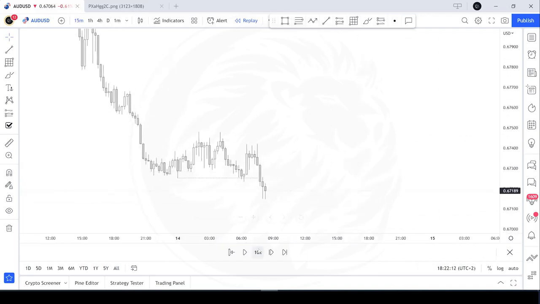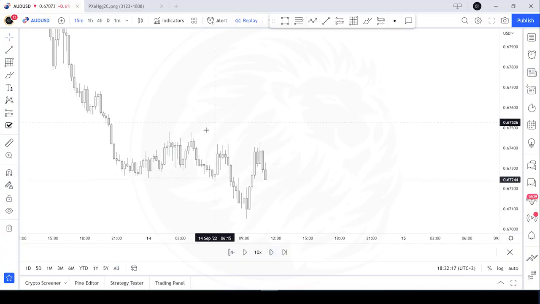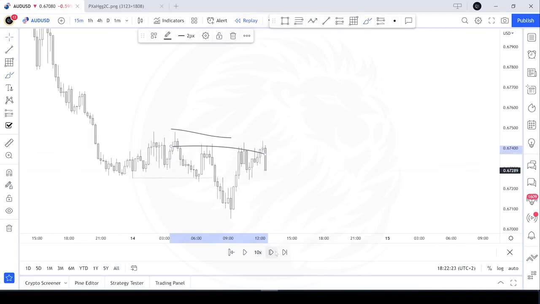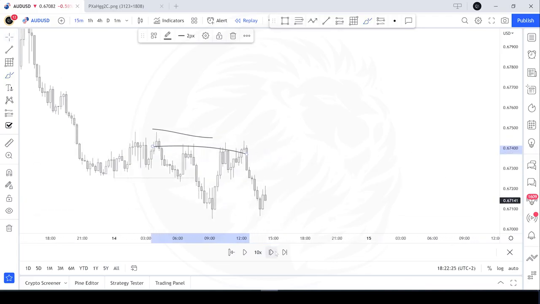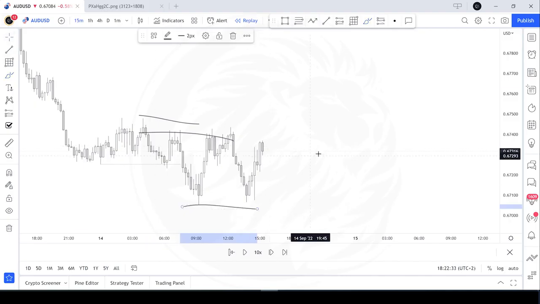Okay, so we'll play the price a little bit again. Here the protected high for now seems to react. Okay, the protected high here reacts, but as we can see, it doesn't put any lower low in the market structure.